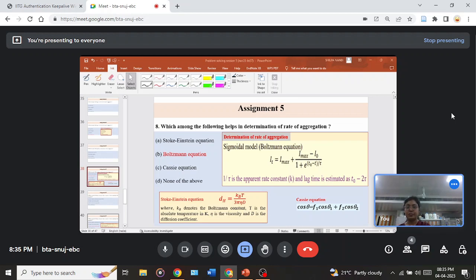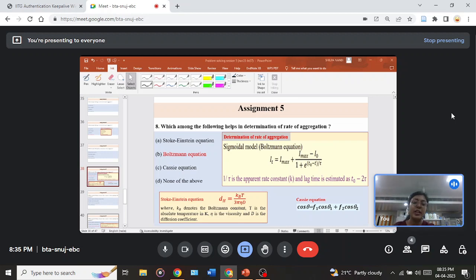This particular equation, the Boltzmann equation, helps you to determine the rate of aggregation. Here also you cannot see where K is, right? You cannot see the term K here.